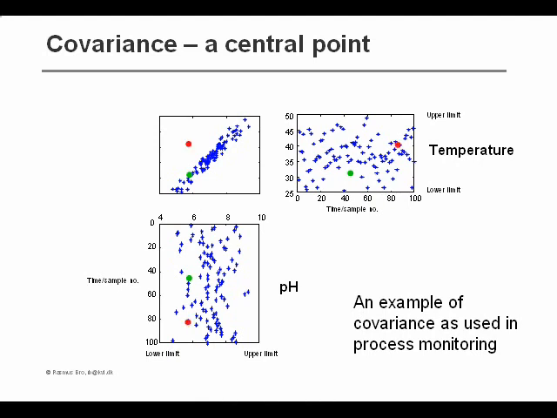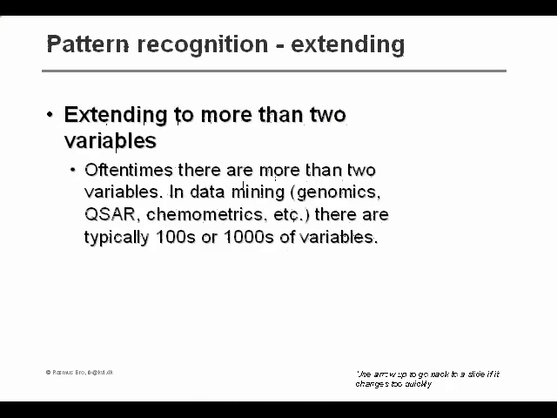But for this one red measurement, even though it is well within control for both pH and temperature, the relation between pH and temperature is broken, so clearly there's something wrong here, something that needs attention. This is a very useful concept, for example, in process monitoring, but also, for example, in medical diagnostics and a number of other situations.